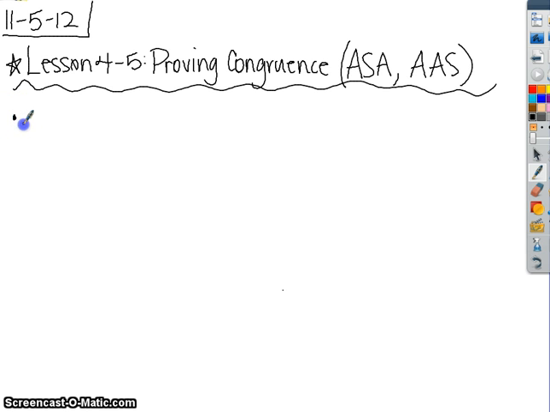All right, so the first postulate, the ASA or angle side angle postulate.